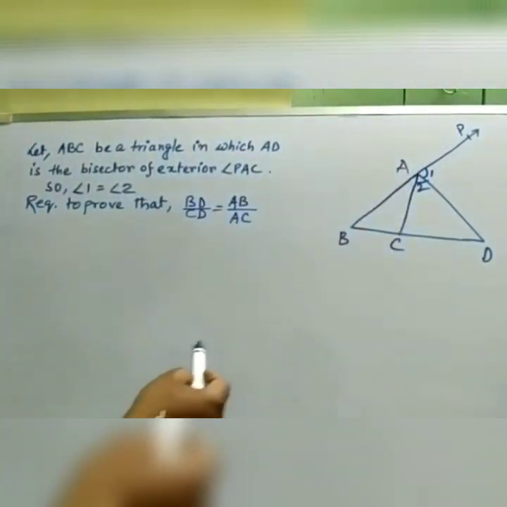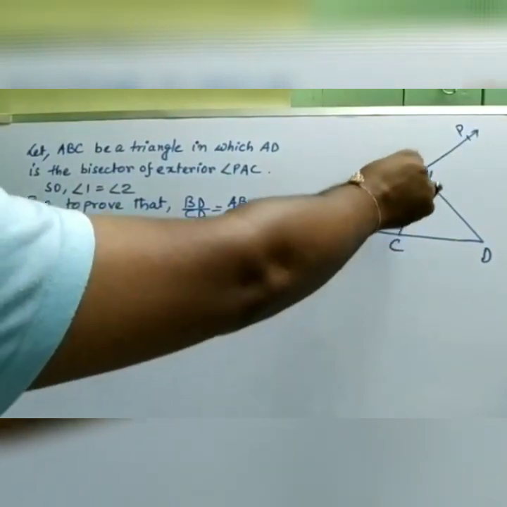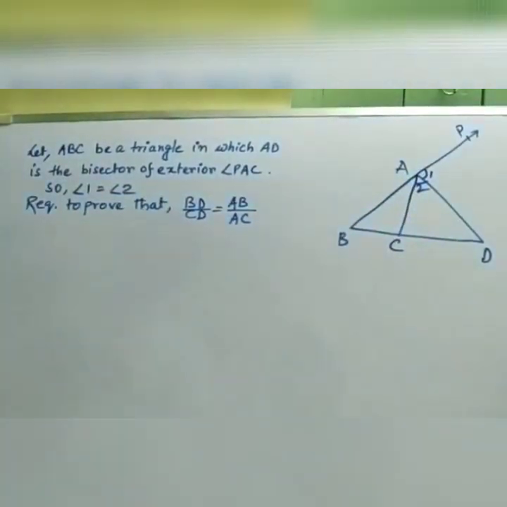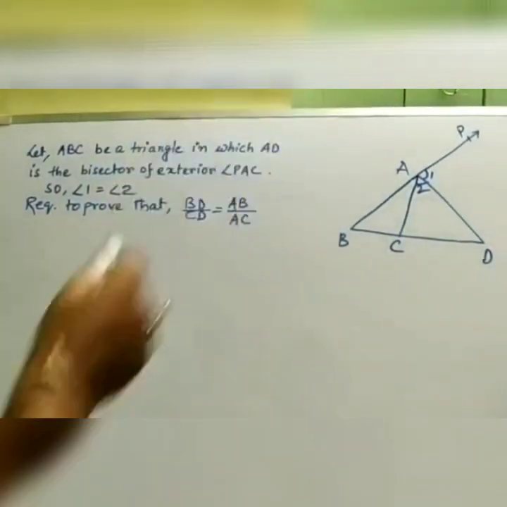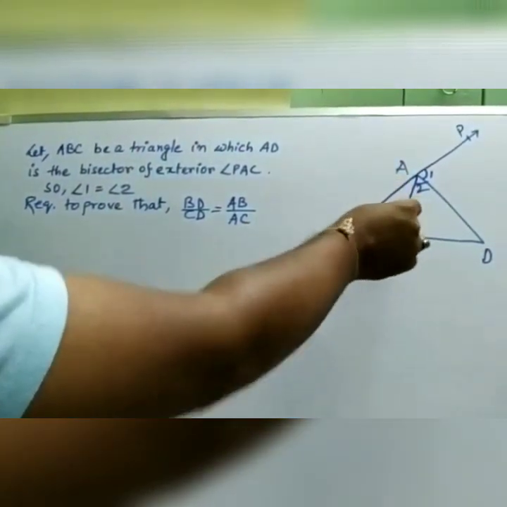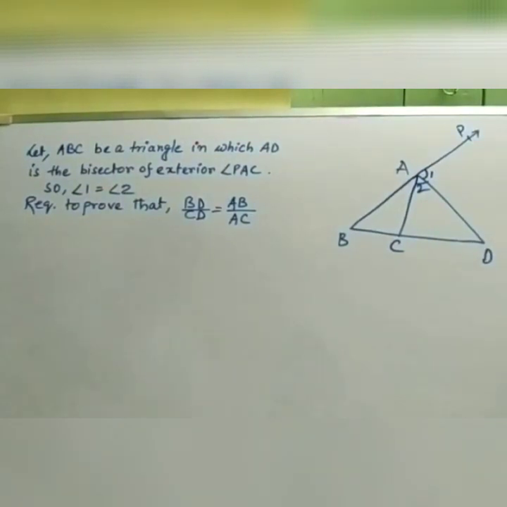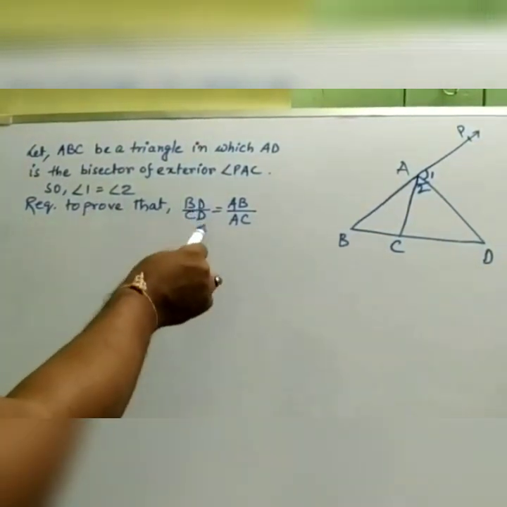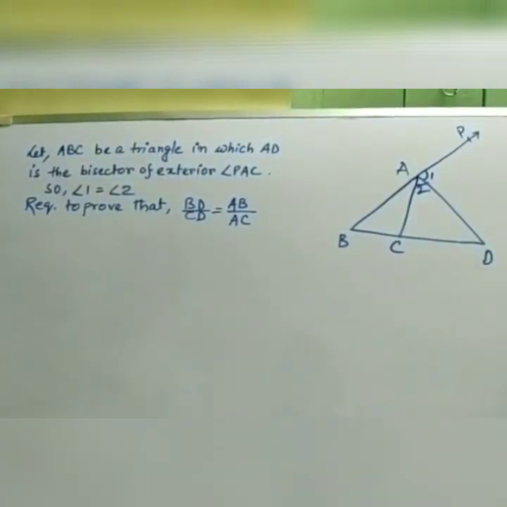Because it is an exterior angle, AB and AC are both the original sides, and the side is extended out. So that means the extension of AB is there. So we need to prove that BD by CD is equal to AB by AC.